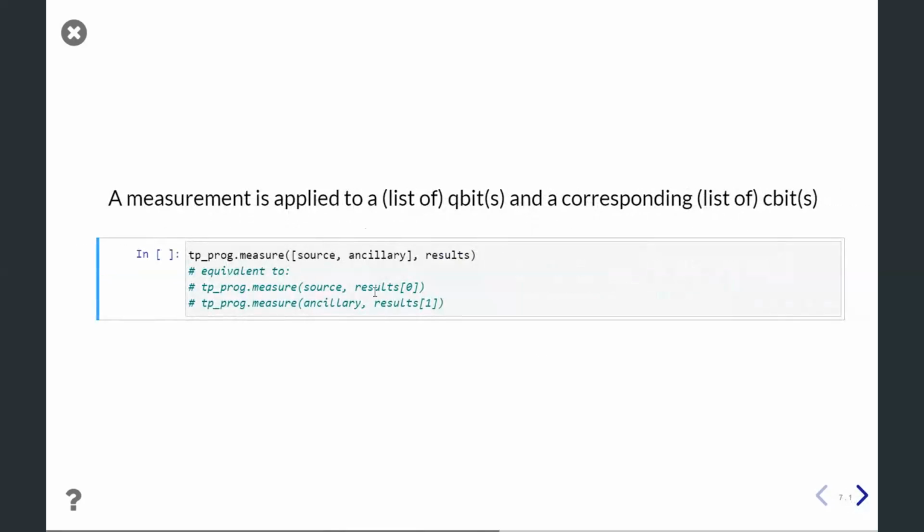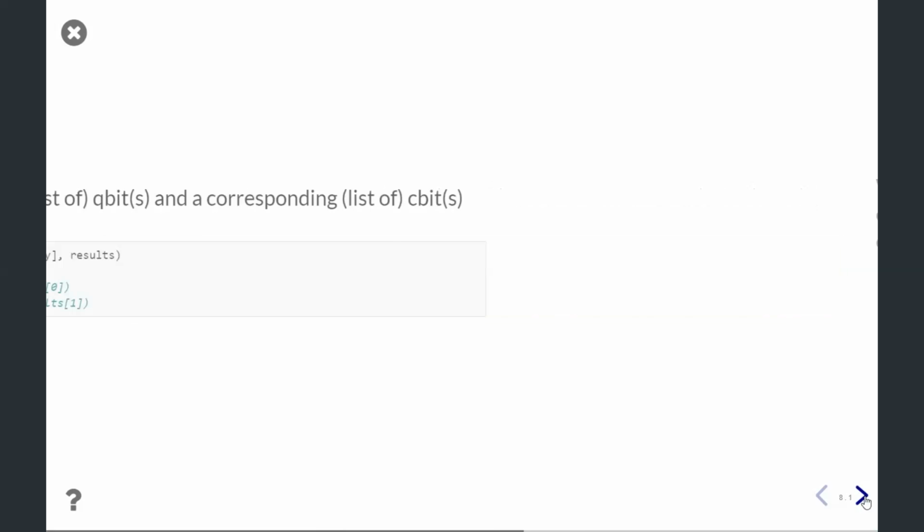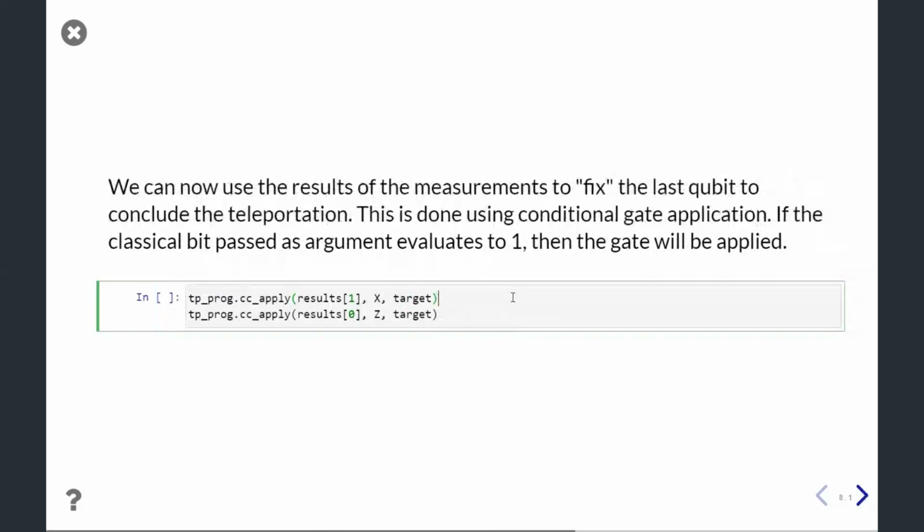So we measure source and ancillary, and we put it into the array results. After that, the array results is made of two parameters that are the measurements of the 2 qubits, and we apply the results of the measurements of these 2 qubits by applying a rotation around the X and around the Z axis to the target.